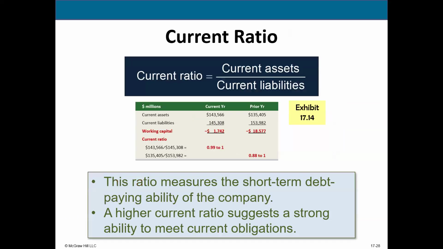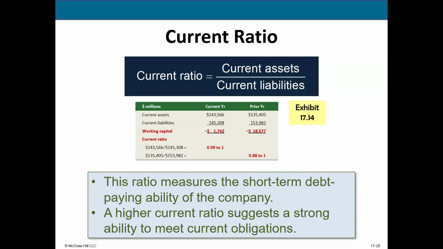The next up, we have our current ratio. I love this ratio. It is super easy and super important to compute. The current ratio tells the company about their ability to repay their current debt. And with this, we take our current assets and we divide that by our current liabilities.